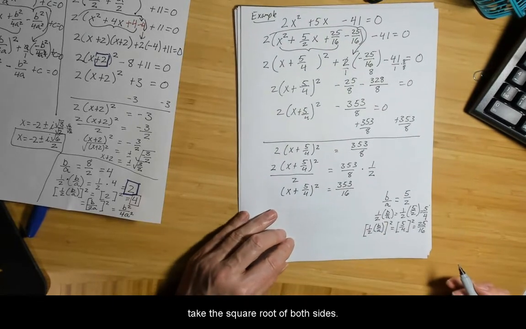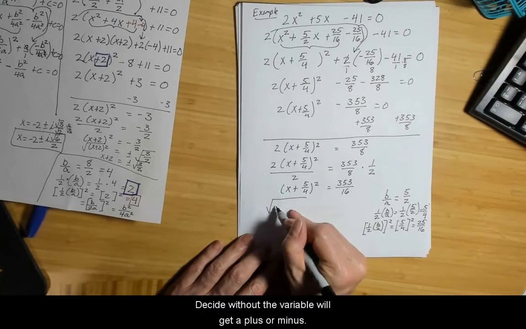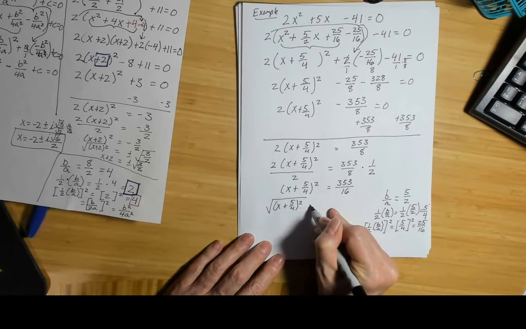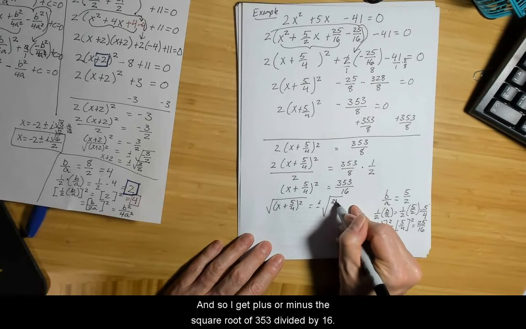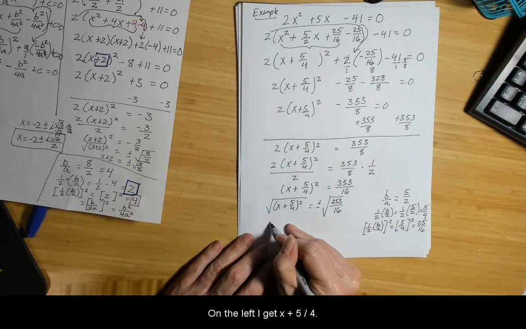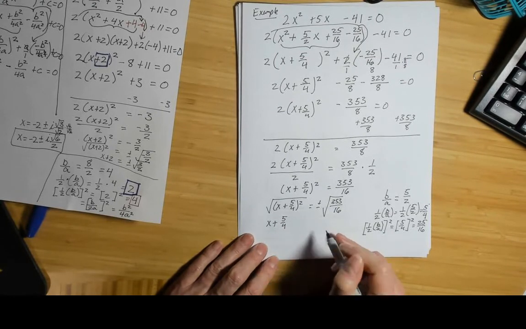Next step, take the square root of both sides. The side without the variable will get a plus or minus, and so I get plus or minus the square root of 353 divided by 16. On the left, I get x plus 5 over 4.